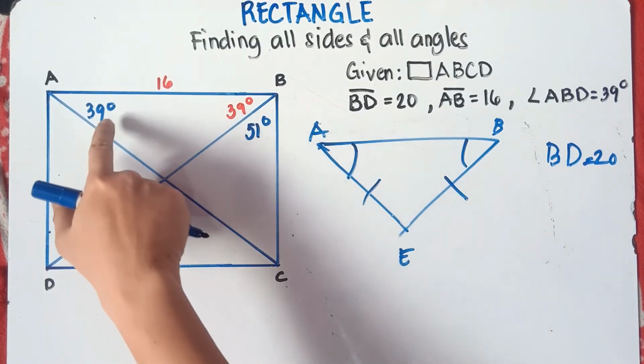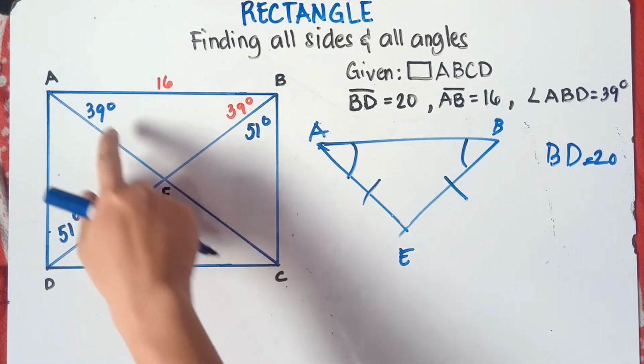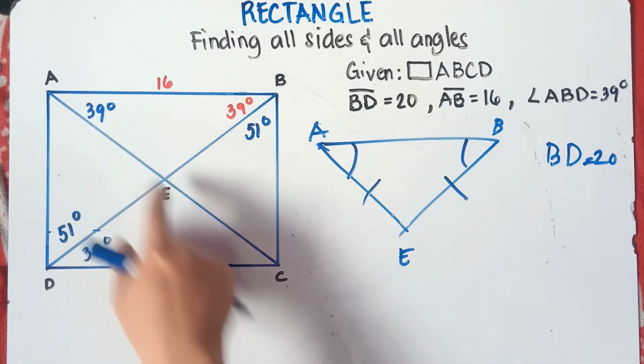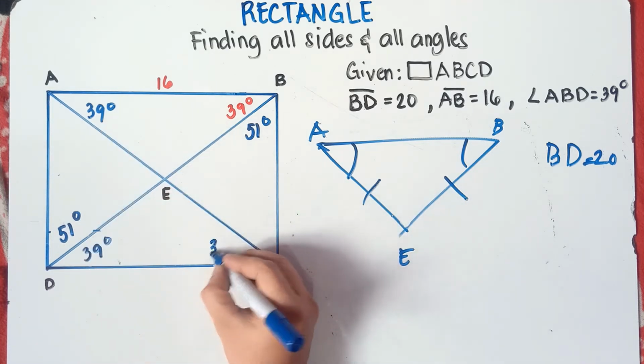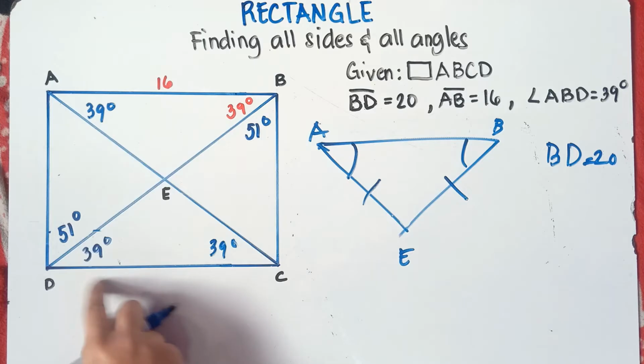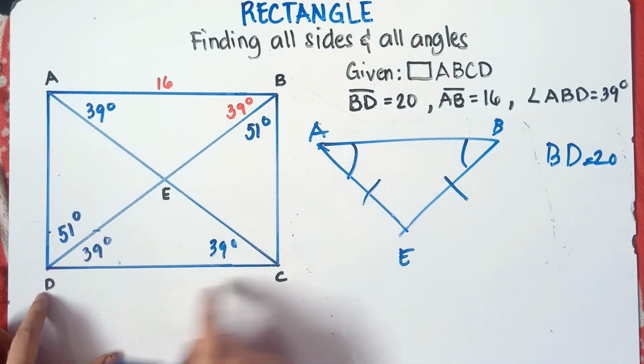If this is 39 degrees, of course, this should be 39 degrees. Why is that, sir? Alternate interior angles. And we also check, class, that this is an isosceles triangle. Two equal sides, right?